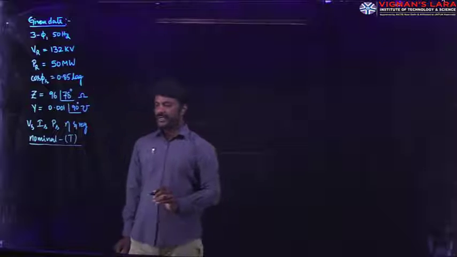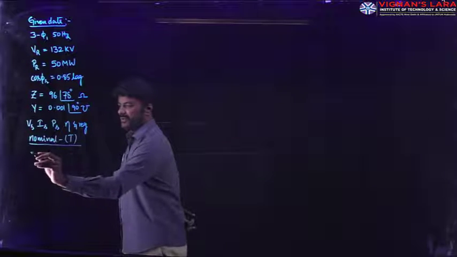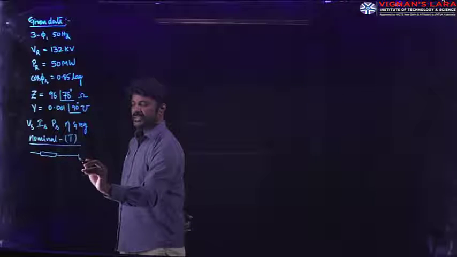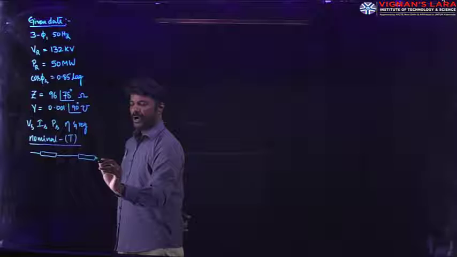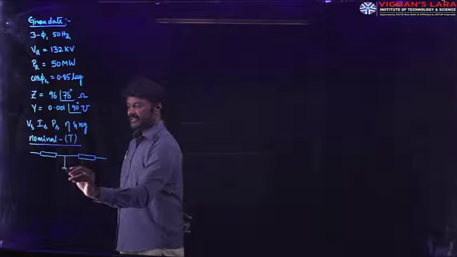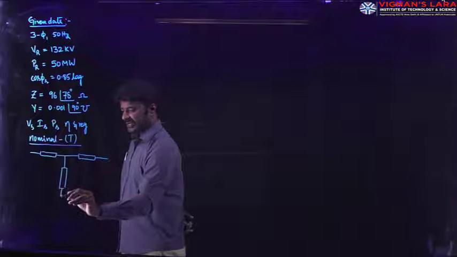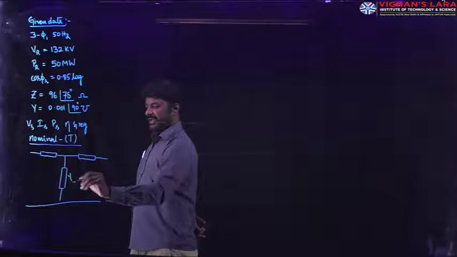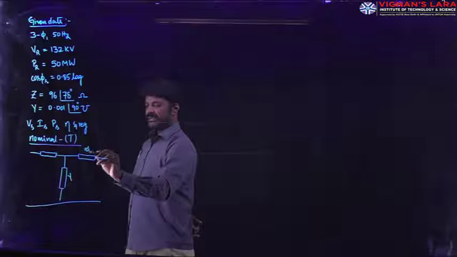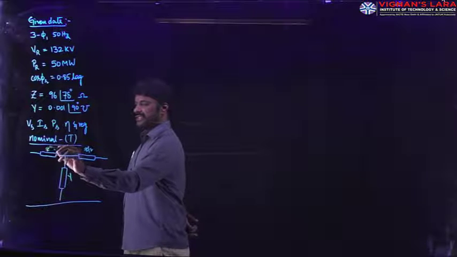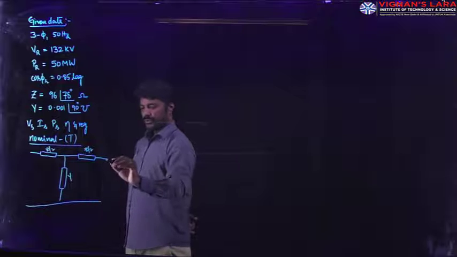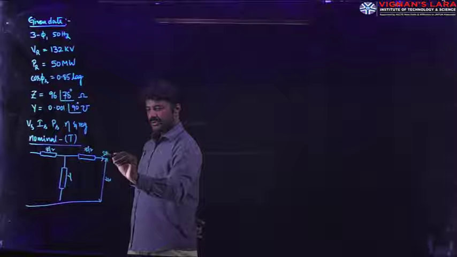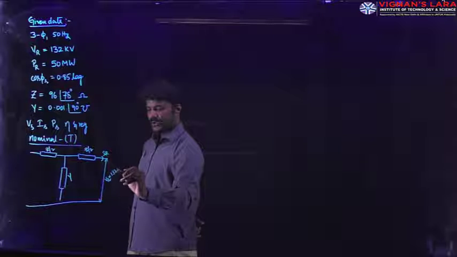If you check this nominal T method, the circuit diagram is very familiar to us. It looks like a T structure, which has at the center or midpoint of the transmission line the shunt admittance. Yes, this is the T structure having the entire admittance located here. This has impedance of half the value, this has another impedance of half the value, with quantities on the receiving end side as VR, IR, whose value is given here as 132 kV.